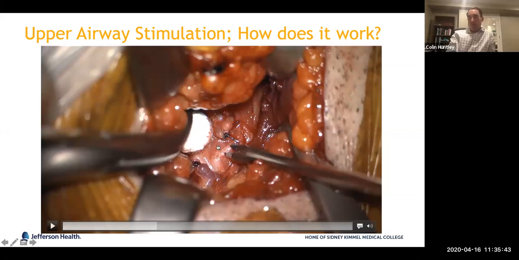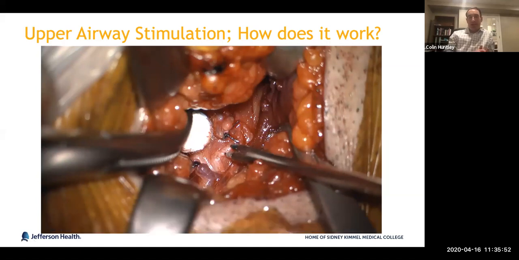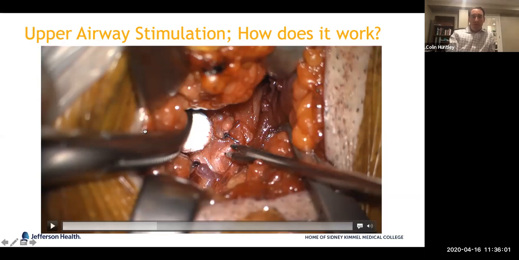And as he works his way up, this is a bipolar NIM probe that we use as basically an intra-op EMG to be able to select which nerve branches to include and which nerve branches to exclude. And as you work your way up from inferior to superior, you're going to see contraction of that geniohyoid and some of the strap musculature, contraction of the genioglossus musculature, and then when he stimulates the exclusion branches, the hyoglossus, styloglossus musculature up in here.